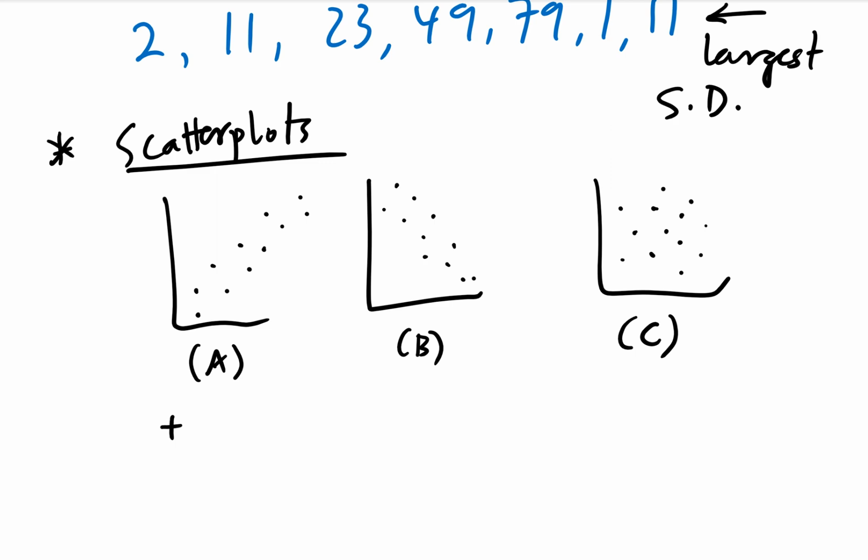A. So this has positive correlation. Look at the other ones. What do you think about their correlations? And you can comment in the box. B has a negative correlation. This has no correlation.